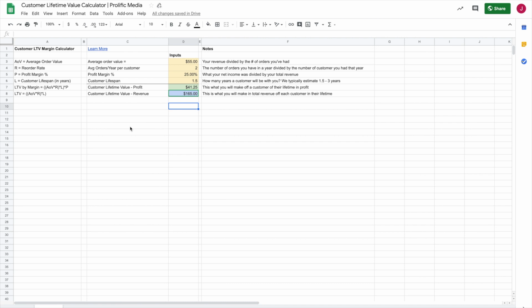What this also tells me is, hey, if I can acquire a customer for under $41.25, they will be profitable over that period. That allows your marketing team and your paid marketing team to have a metric to go off of that matters to your business, to understand, hey, I can scale my spend up if I'm acquiring a customer for under $41.25, because I know over a 1.5 year period that will be profitable.